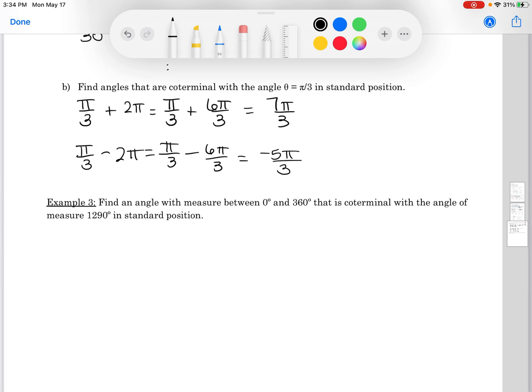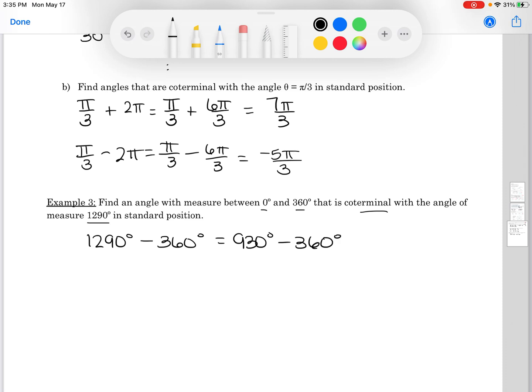All right, we want to find an angle with the measure between 0 and 360 that is coterminal with the angle of 1290. Well, I want my answer to be between 0 and 360, so adding is only going to make this number worse. We want to start going down. So we'll take 1290 and subtract a circle from it. 1290 minus 360, that's going to give us 930. Still not within our restriction, so why don't we subtract another 360 from that?